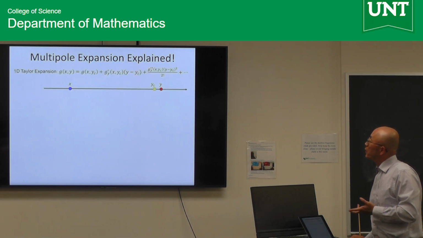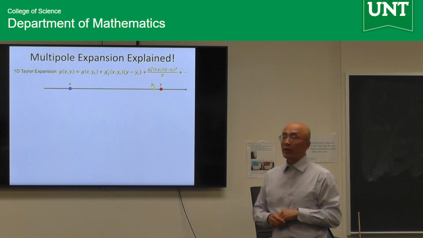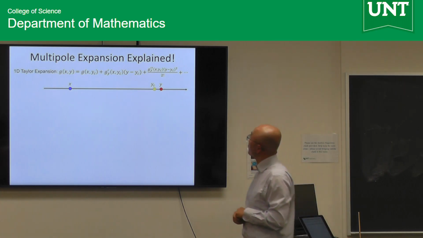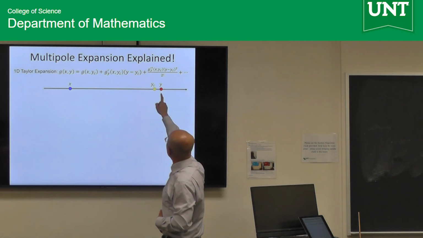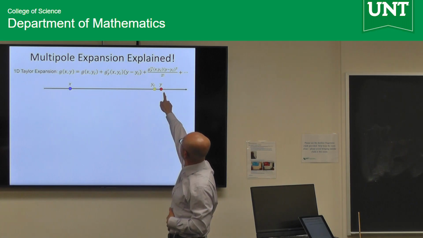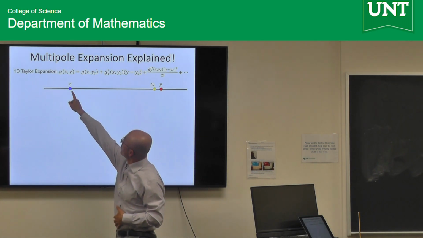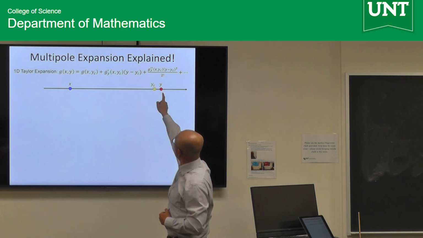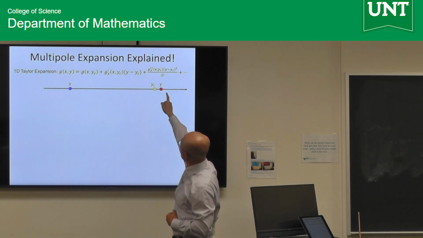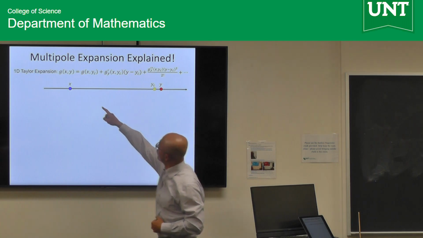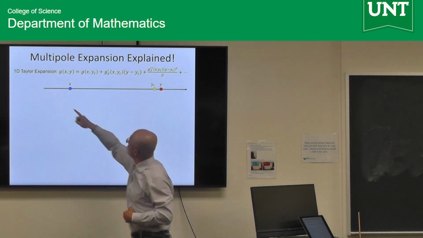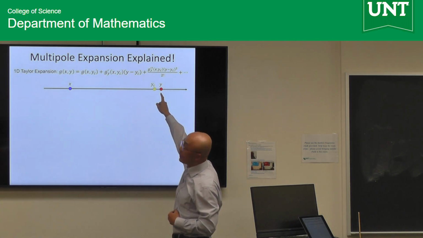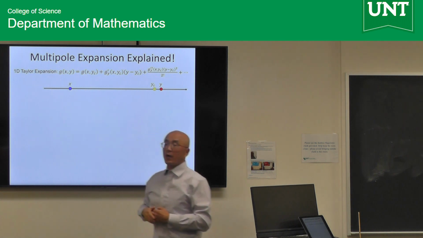The idea is from the Taylor expansion. Basically, if I have a source at y, and I have a target at x, and you want to find the interaction between x and y, for example, the potential at x due to the source at y, you use g of x, y to represent it.